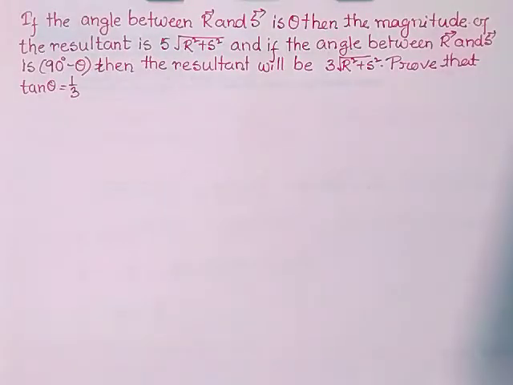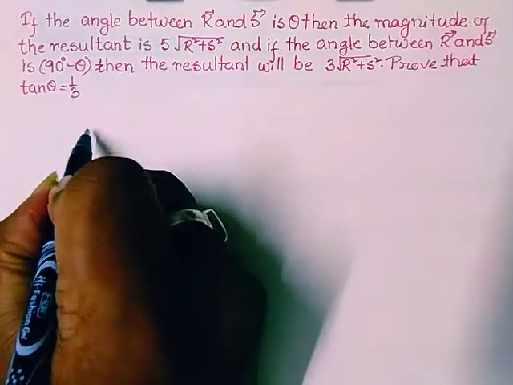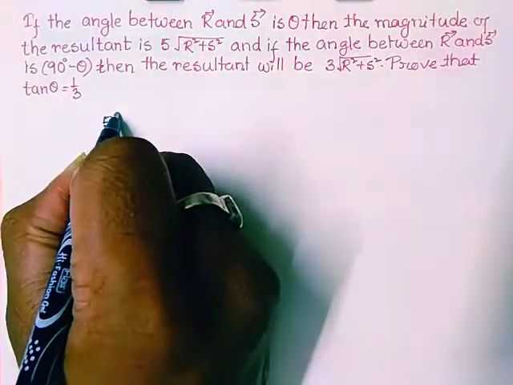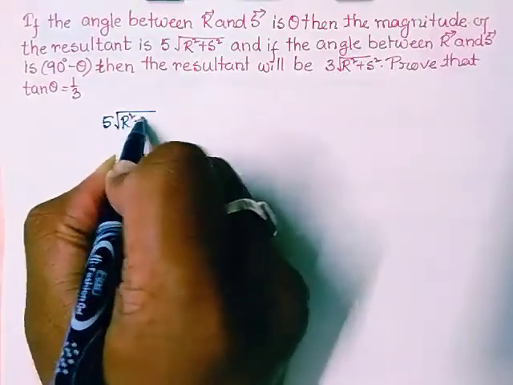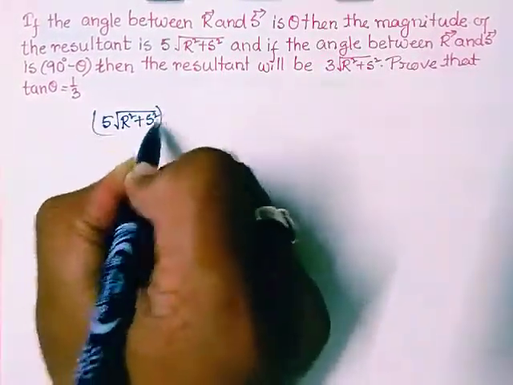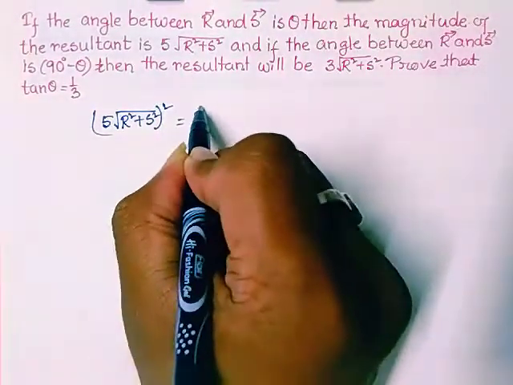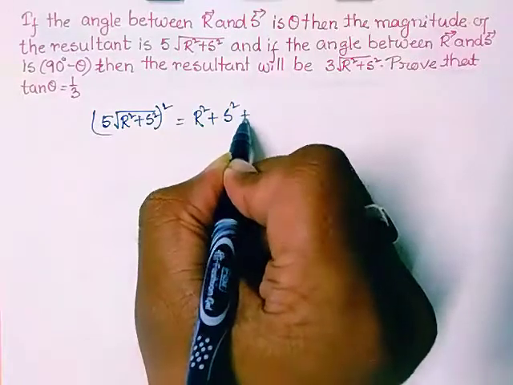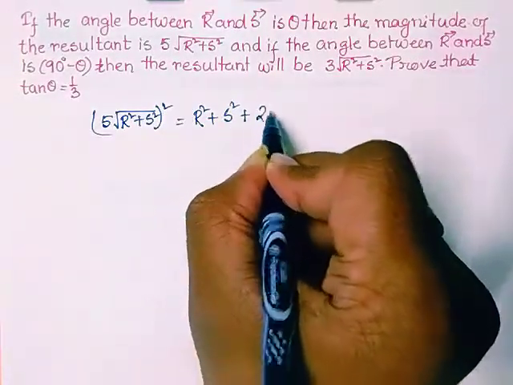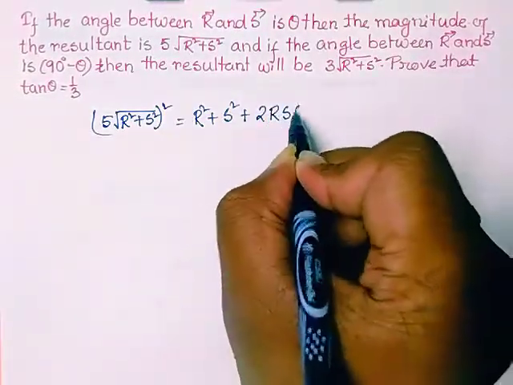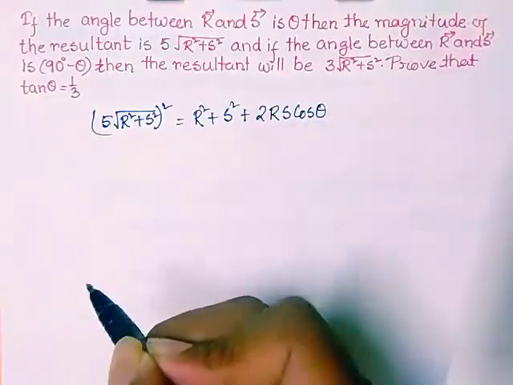So this is our next problem. If the angle between the R vector and S vector is theta, then the magnitude of the resultant is 5 root over R square plus S square. So if I use this information, it will be resultant square equal to R square plus S square plus 2RS cos theta.